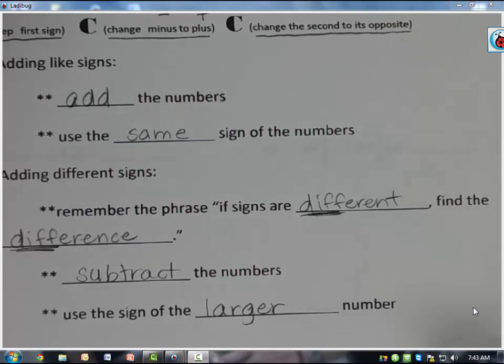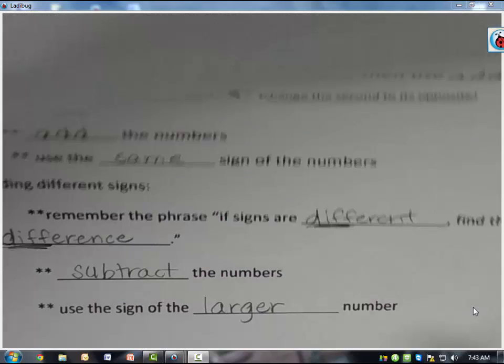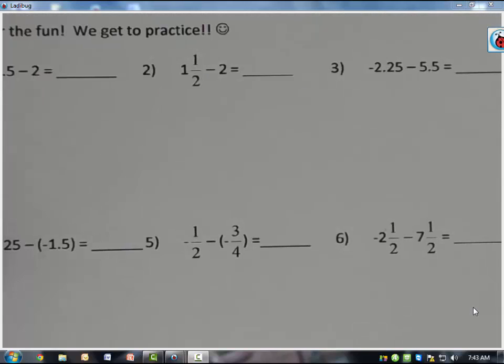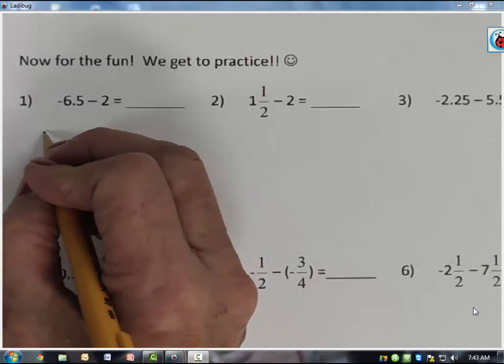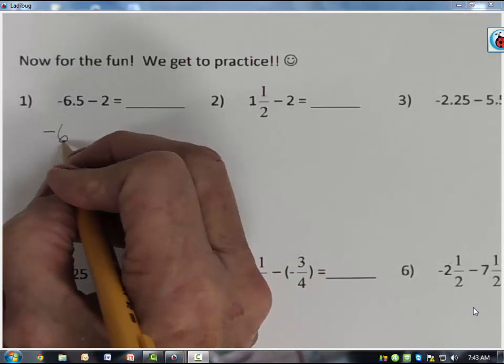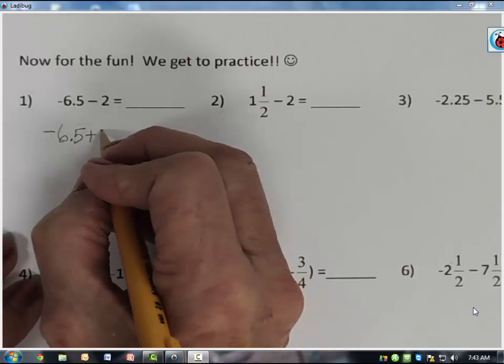Okay, now we're going to do some practice problems. Hooray, that's the most fun. I want you to rewrite it the same way I'm doing it to make sure that you're understanding changing it to addition. First, underneath it we're going to do negative 6 and 5/10 plus negative 2.